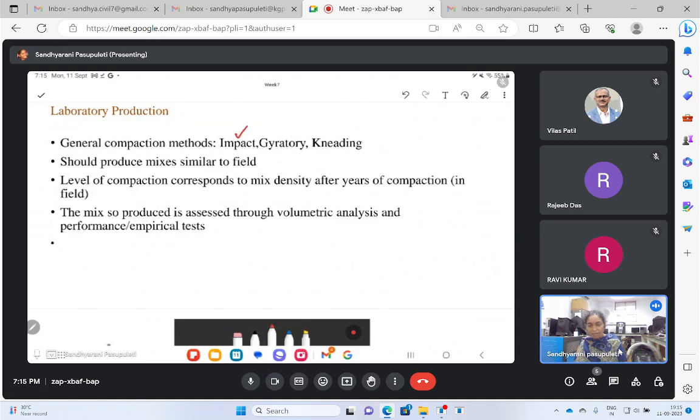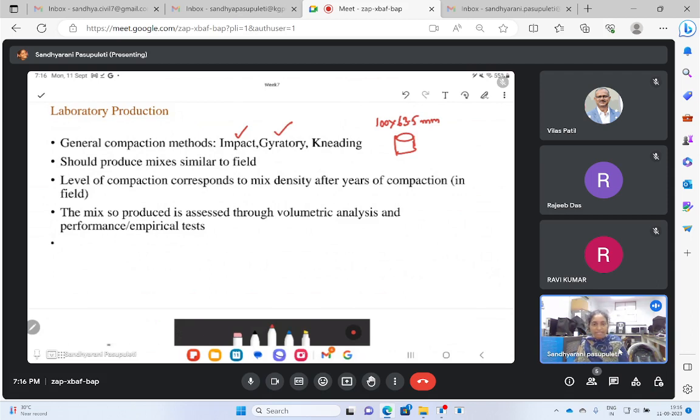impact, where in the Marshall equipment we take the hammer and apply 75 blows, providing some energy to compact this specimen of 100 by 63.5 millimeters in size. We also apply gyratory compaction. This is not an impact load.